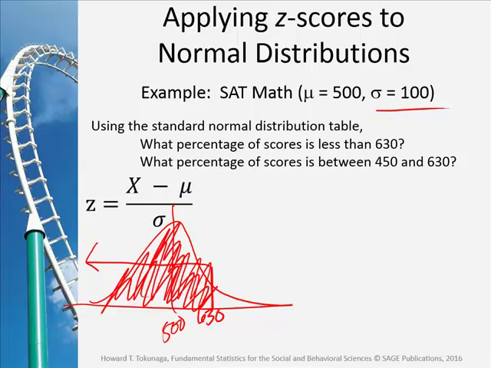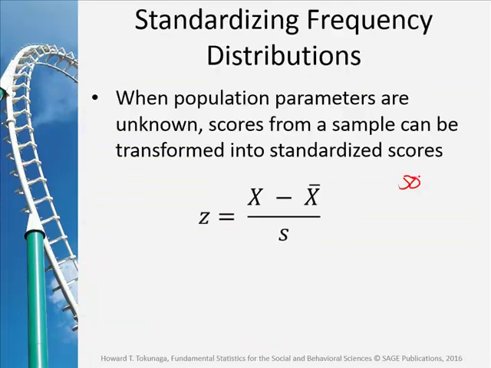So now what am I looking for? Well, I got to find the area under the curve. In order to do that, I calculate the z-score. Z. What is the value of z for my spot at 630? Now, Chase, what do I do? All right. You take 630, subtract 500, then divide by 100.